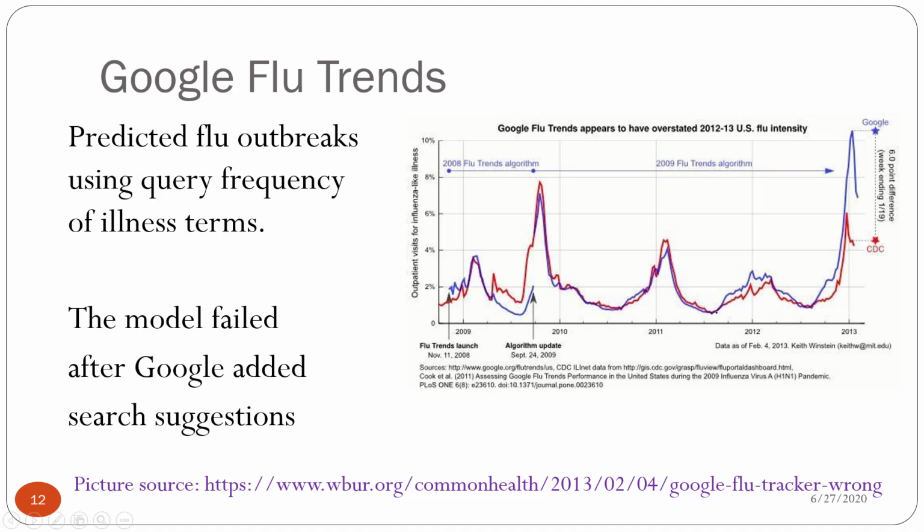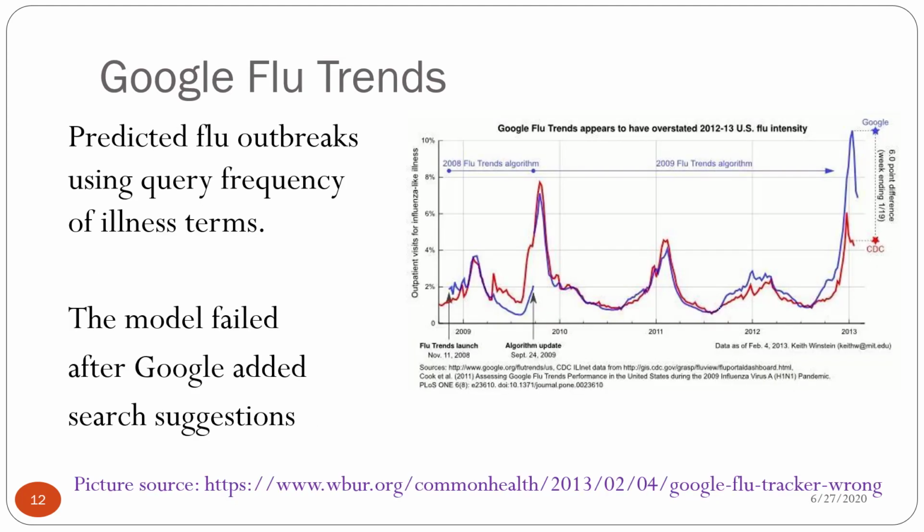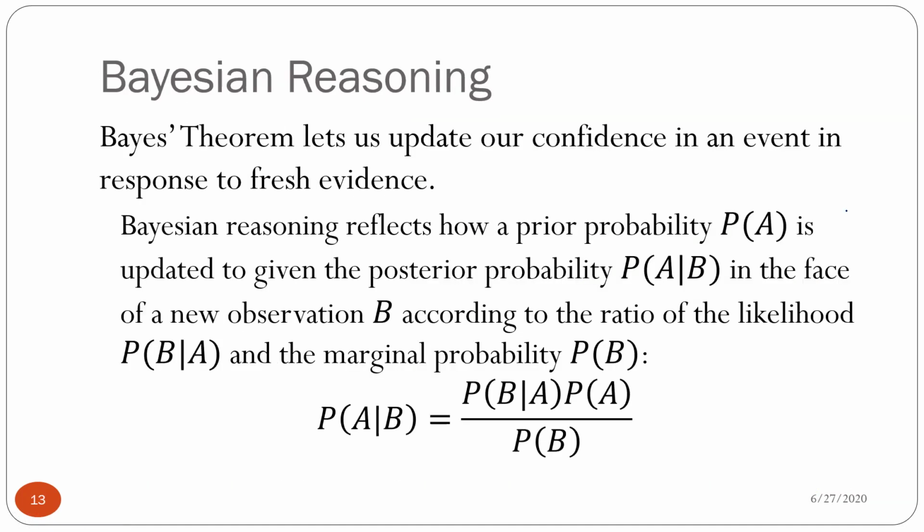So it seems to me that at this point they were doing it on their own. They were not looking at the other models, the model by the CDC, because of the lack of consensus. So that was the reason why Google failed here in making the right prediction. They did not do what was required, which is consensus.